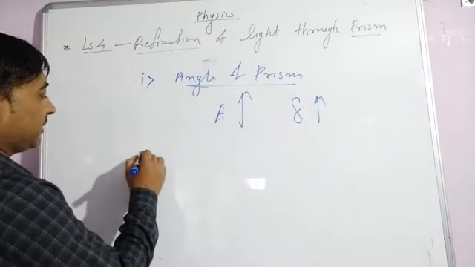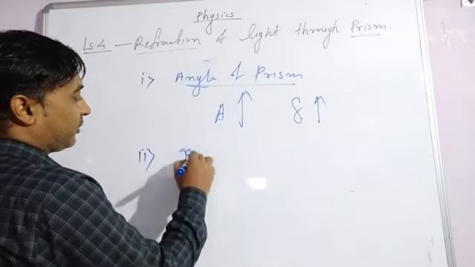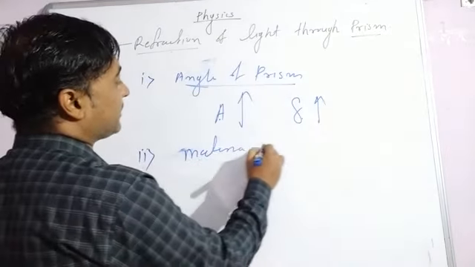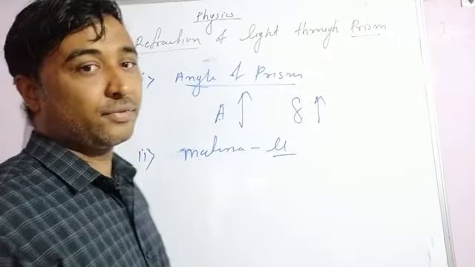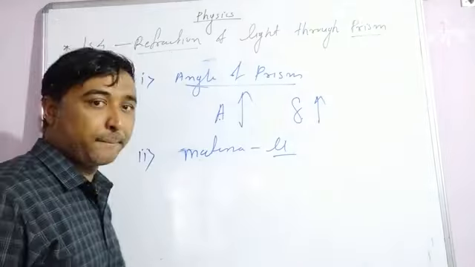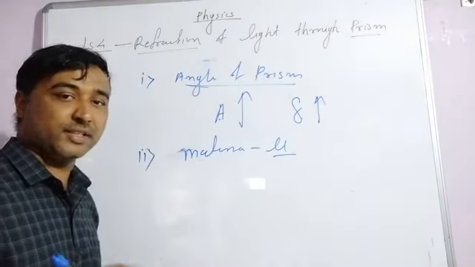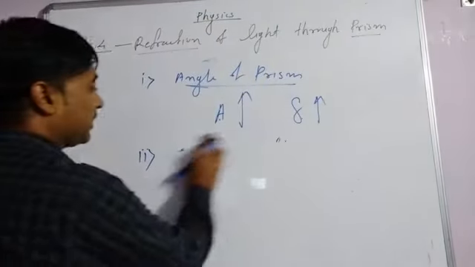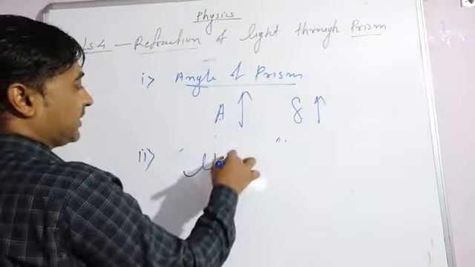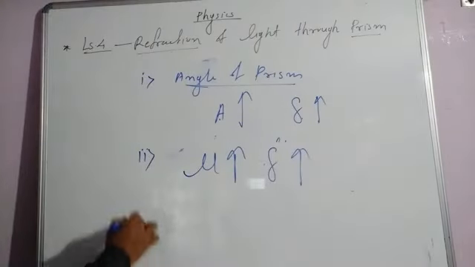The second factor is the medium, or you can say material, that is refractive index. जिसका refractive index ज्यादा होगा उसका angle of deviation भी ज्यादा होगा. Always remember, if the refractive index of the material is more, then the angle of deviation is also more. So in short, refractive index increases, angle of deviation also increases. ठीक है?